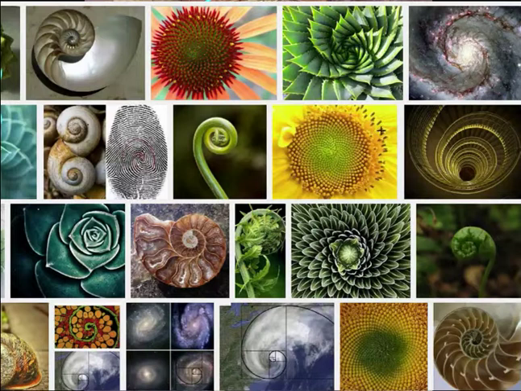So it's a mathematical ratio, and if you plot it out geometrically, you get something that resembles this spiral here, right? And it's repeated all throughout nature. The most common example of the Fibonacci spiral is its expression in the chambered nautilus shell, but we'll also see it in the petals of roses, in the scale of how they become bigger.